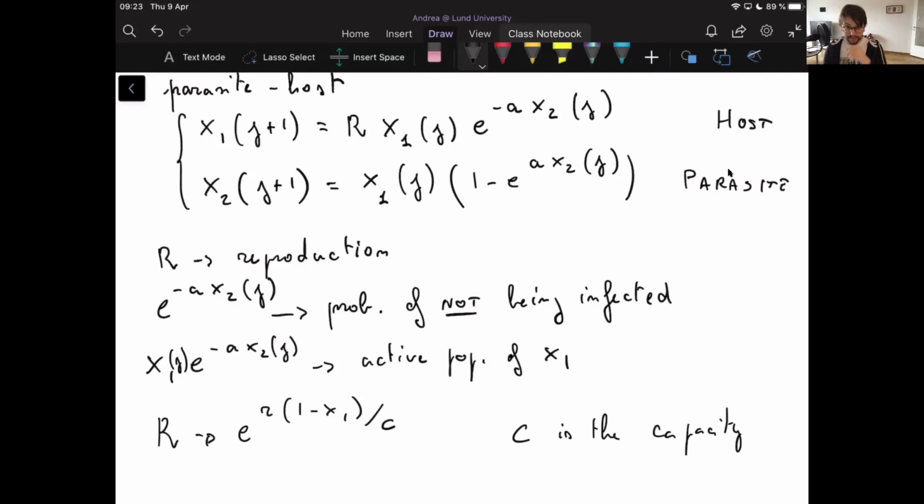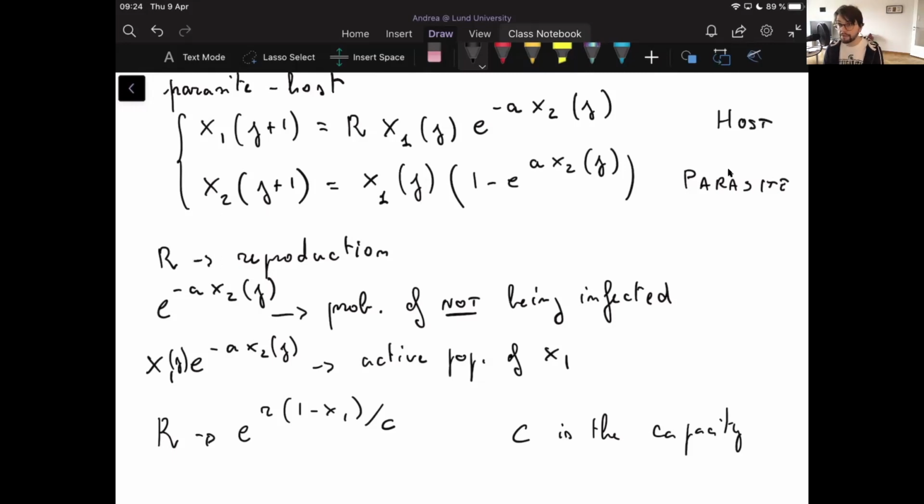And what adding sexual reproduction into the description of this parasite host dynamics does is also model the mixing of the phenotypes.